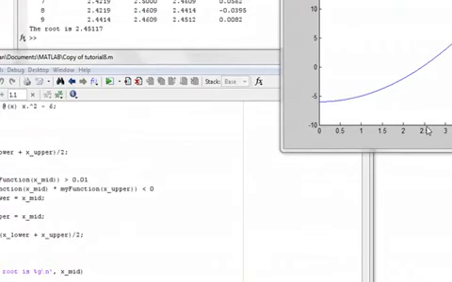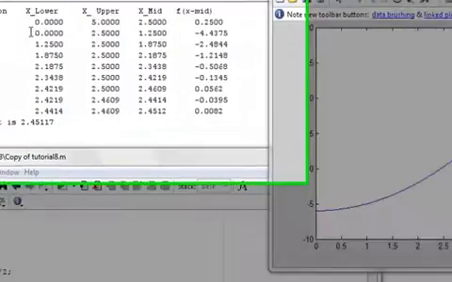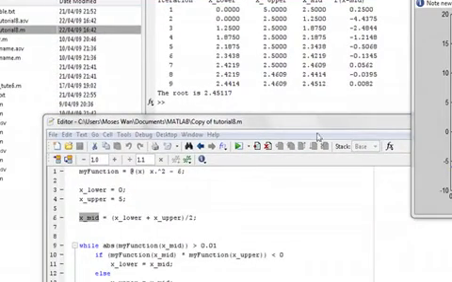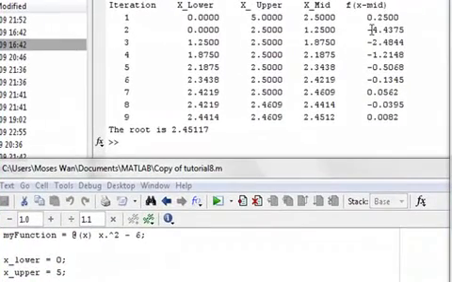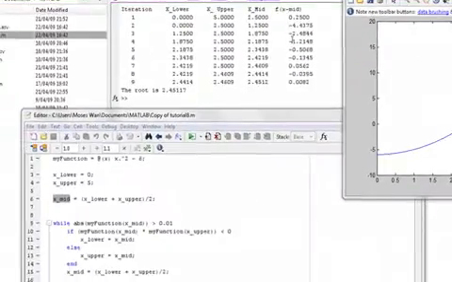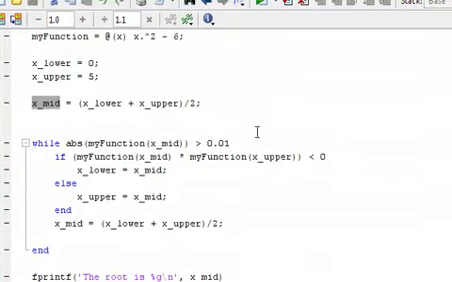Now we've made this the upper limit and this the lower limit, so we're focusing on the section 0 to 2.5. We found the midpoint again, substituted it into the function, and now it turns out to be worse than before. It's now negative 4.43, which is nowhere near 0.